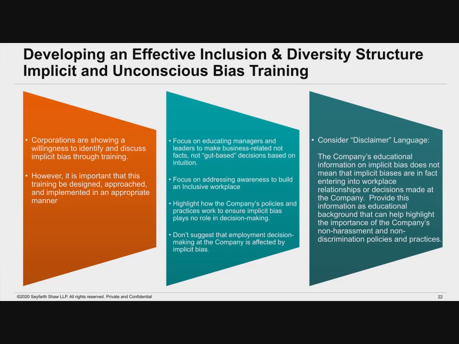A second way in which we see employers focusing on a culture of inclusion is looking at implicit and unconscious bias training. So I can cover this fairly quickly. Many of you probably have seen in the I&D space that this type of training was very, very popular.